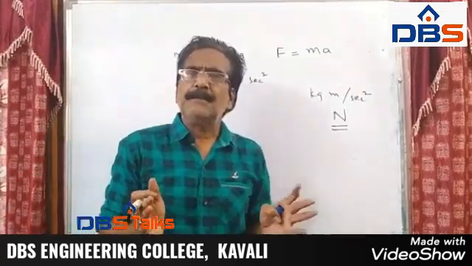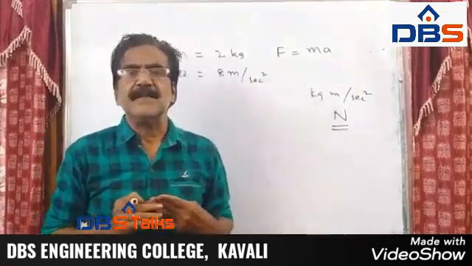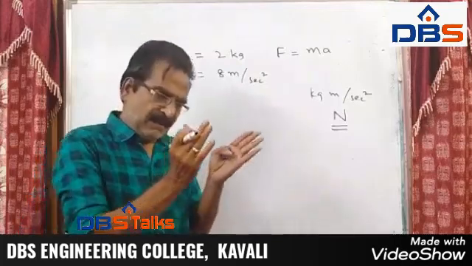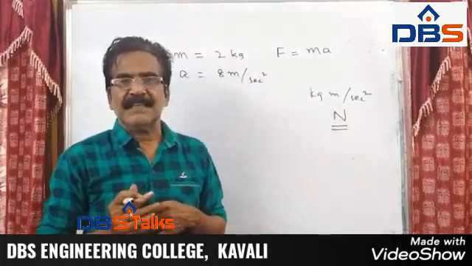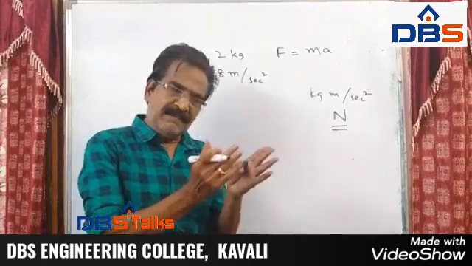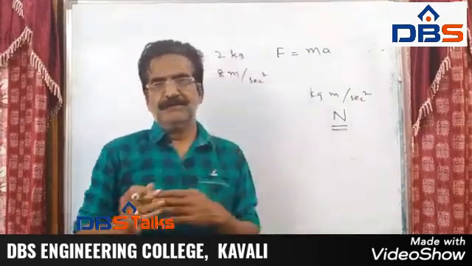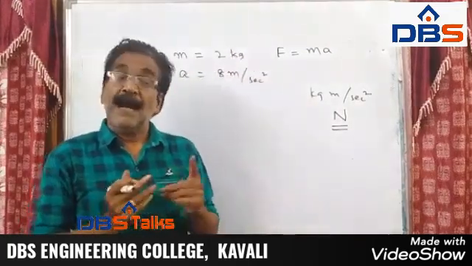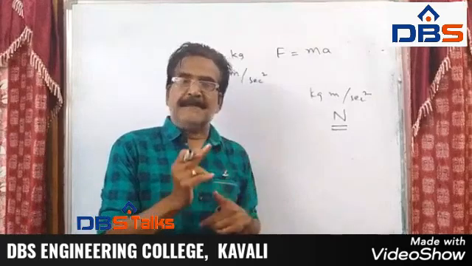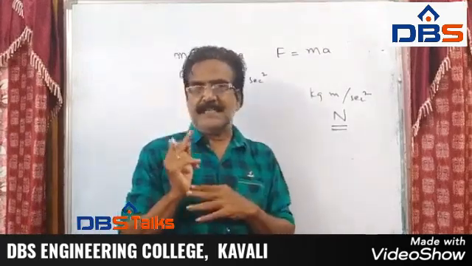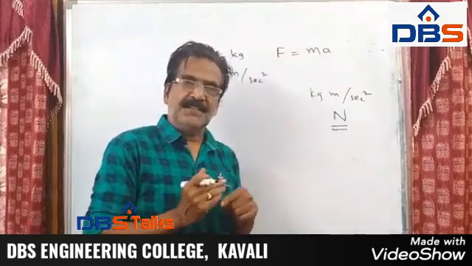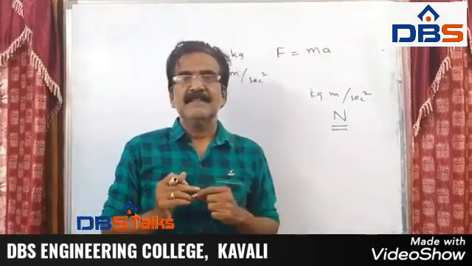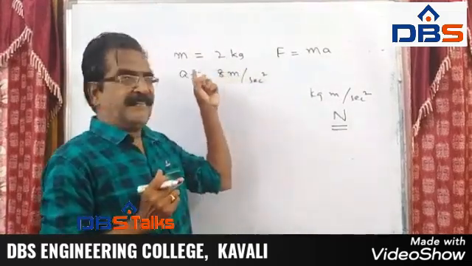First of all, in problems, what we have to see is what are the data given, and what is to be found, and is there any direct principle involving those things. First you have to note down the data.